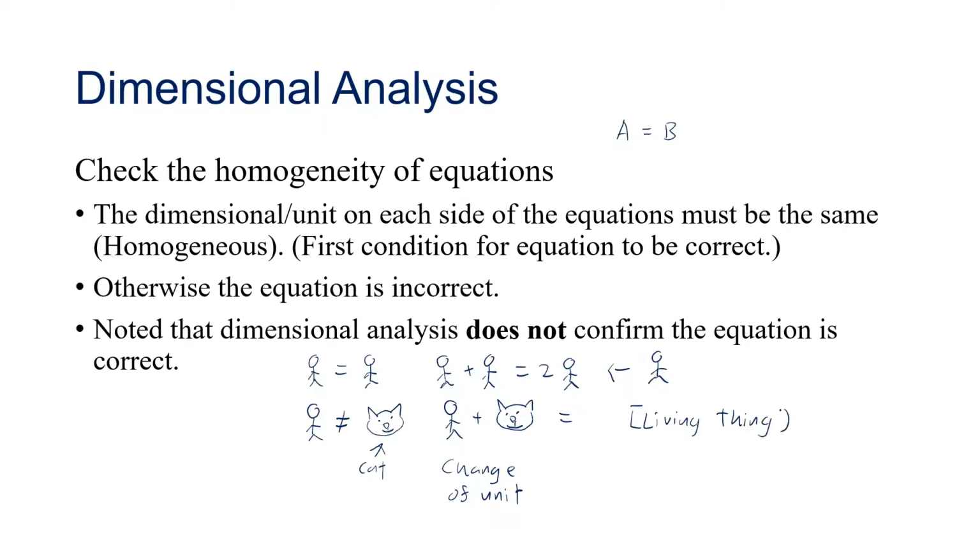We can still make this two living things, right? So by this we apply a change of unit, and that means from here we also have to change the human and the cat to living things.